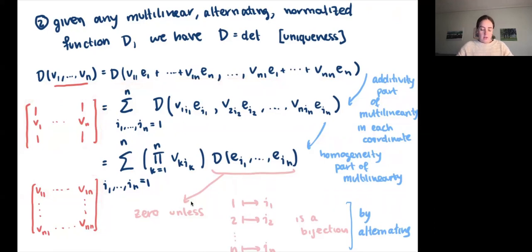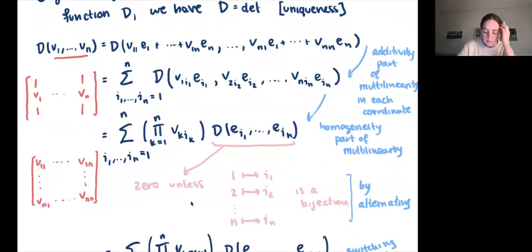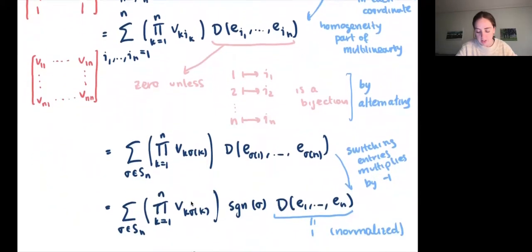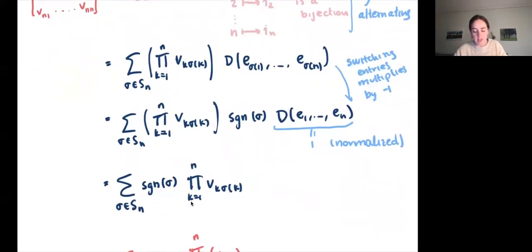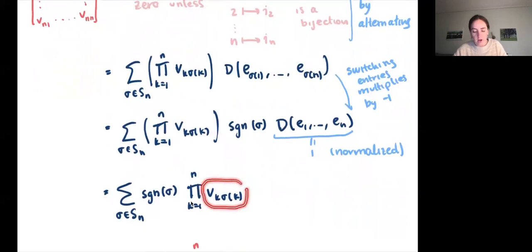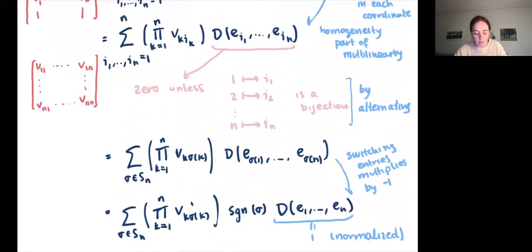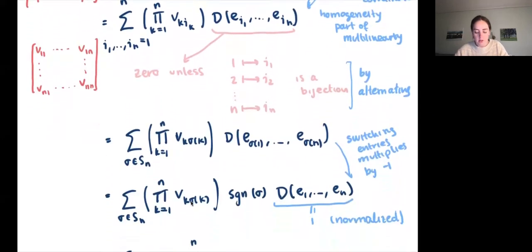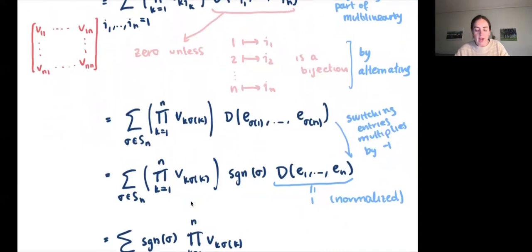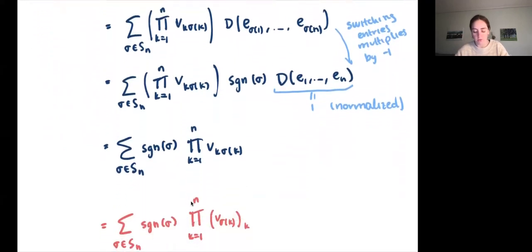So I think that this means that we're all good, because what this is telling me is that V sub k comma sigma is equal to the kth entry of the sigma kth vector, which is what we want here.